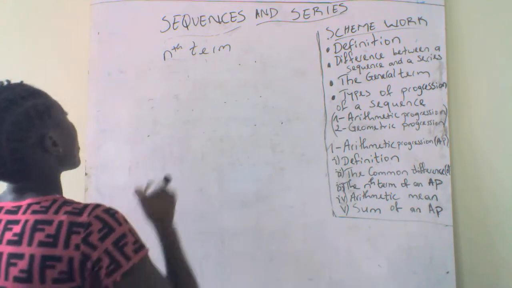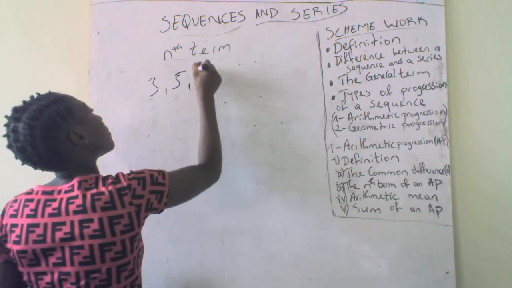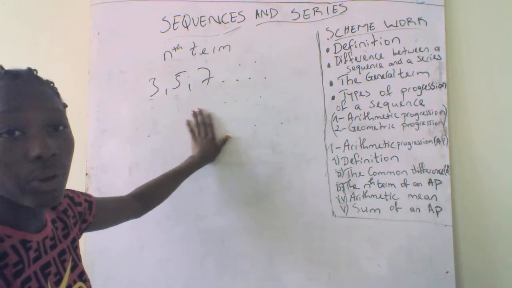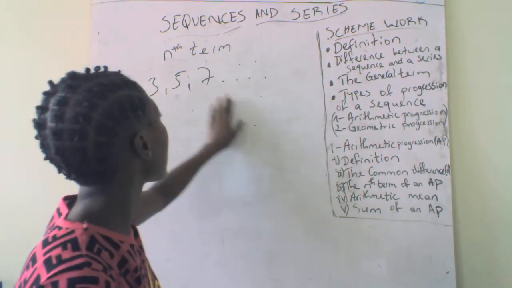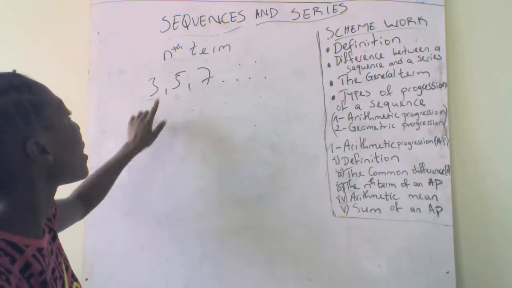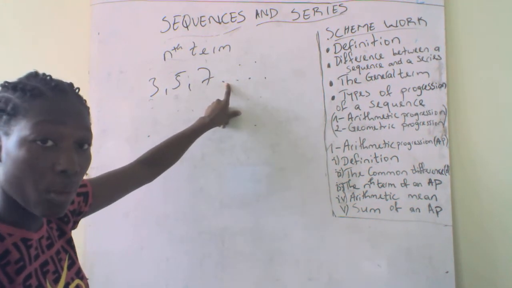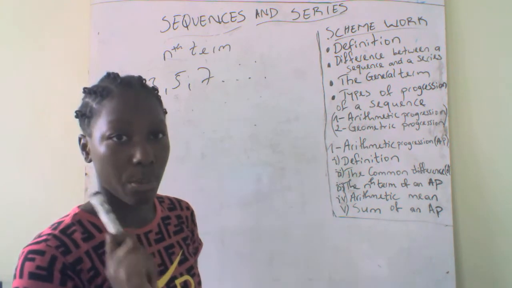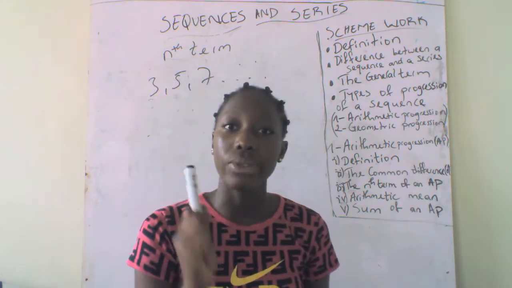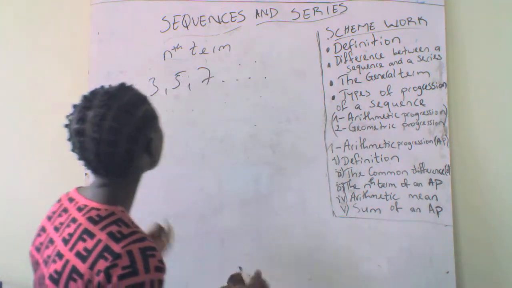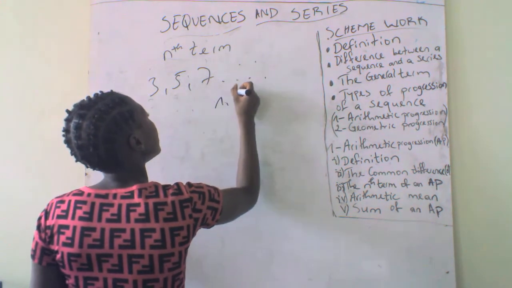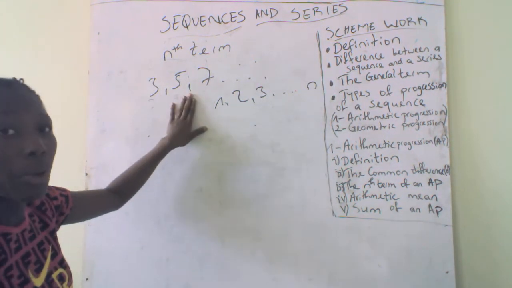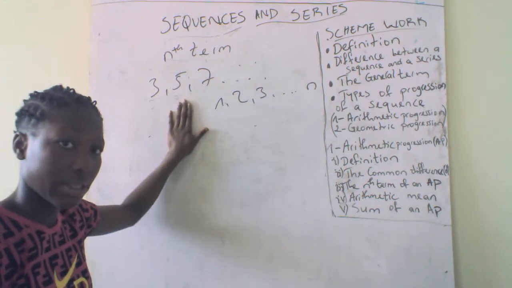So take for example, you are given this sequence and asked to look for the general term of the sequence. That is the term from which you can get, say, the fourth term in this sequence. To do that, you establish a one-to-one correspondence with the set of natural numbers, which can be 1, 2, 3, till the nth number, depending on the number of terms we have in the sequence.